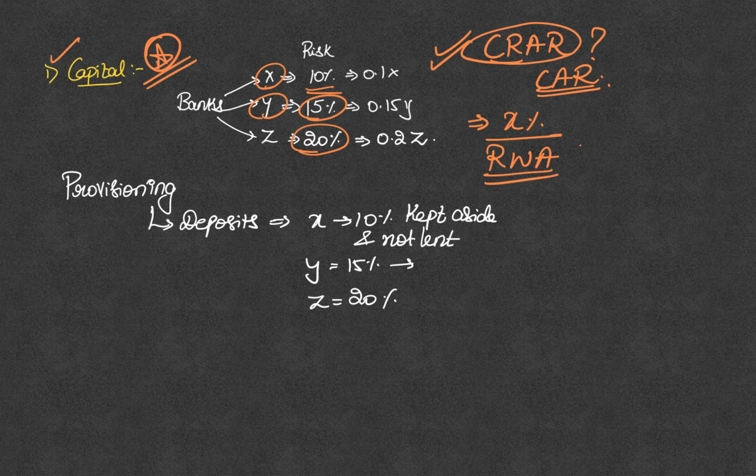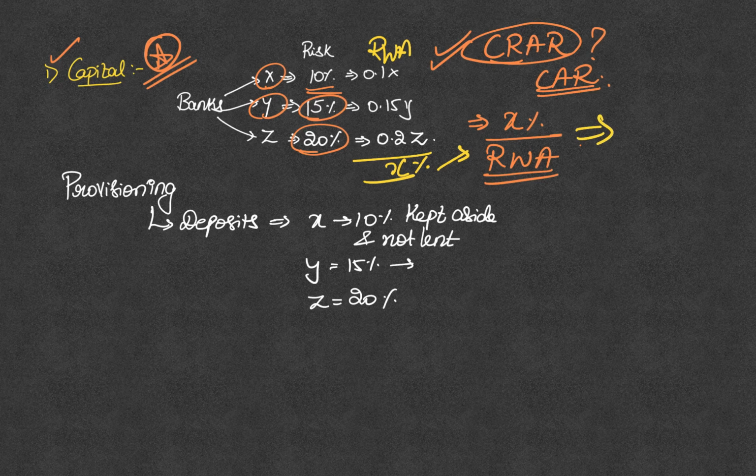So in this particular example, for X, Y and Z together, depending on the risk percentage they have, if you sum up the risk weighted assets, it is something like 0.1x plus 0.15y plus 0.2z, a number would come, right? Within that, an X percent should be maintained as capital, is what this concept is.